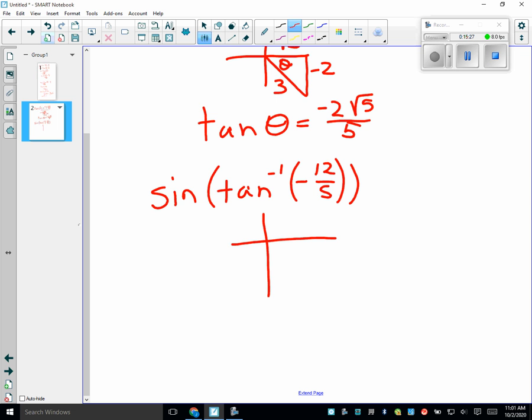So I'm here, right? This is negative 12, this is 5. What is this? This is theta. So what is my answer? Negative 12 over 13? Do we agree?